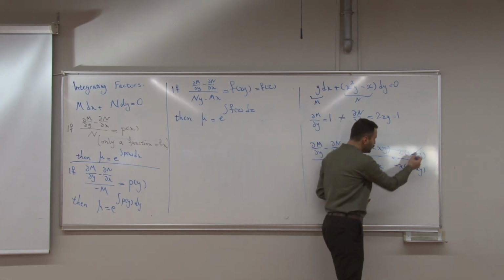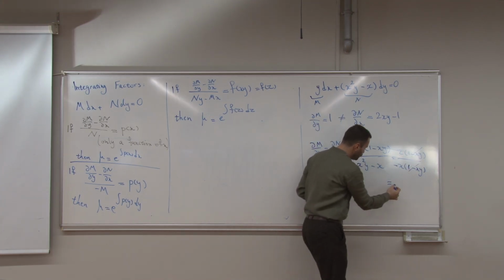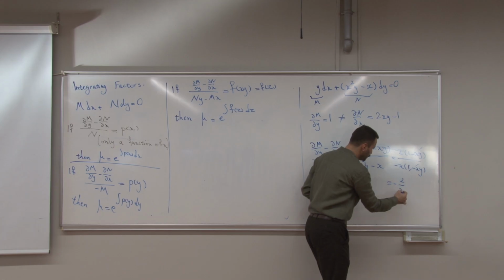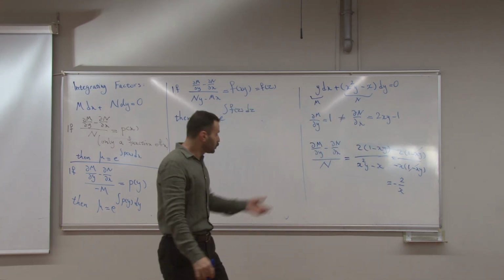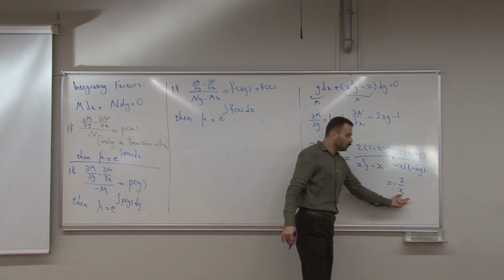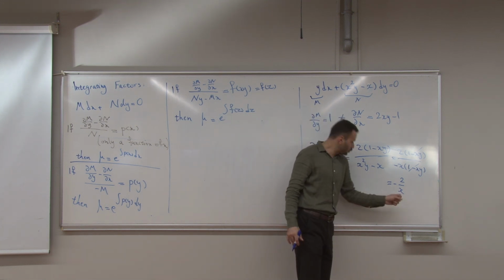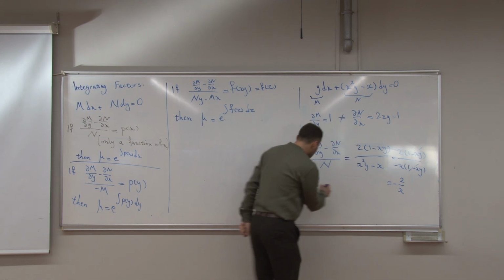Right? These are cancelling, and what do we have? We have minus 2 divided by x. Is this only a function of x? Do we have any y's here? No, we don't have any. So this is only a function of x.